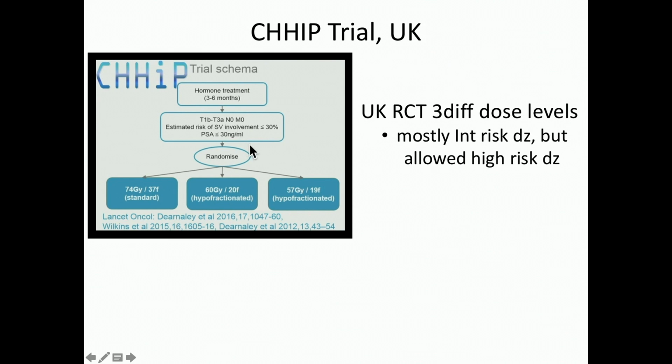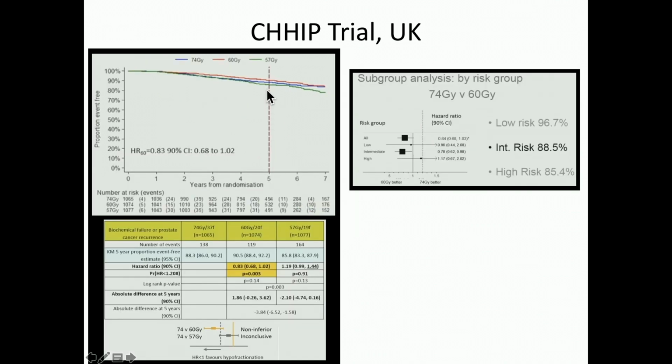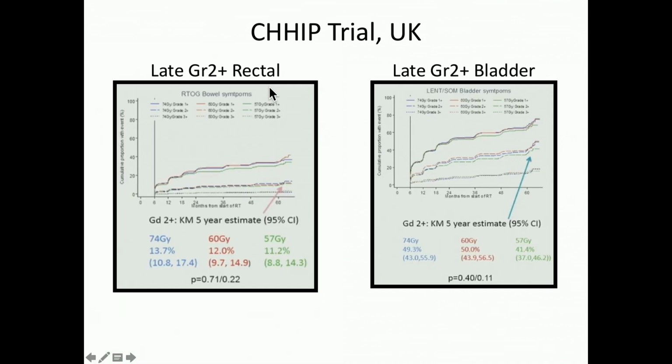The CHHiP trial from the UK randomized patients with 3 dose levels. These are patients who had mostly intermediate, some high-risk disease. It was a standard arm, the same one that the PROFIT trial used, the 4-week course of radiotherapy, and then they knocked a fraction off. And at 5-year follow-up, there was non-inferiority of a hypofractionated regimen. The 4-week group seemed to do the best, but again, non-inferiority was demonstrated.